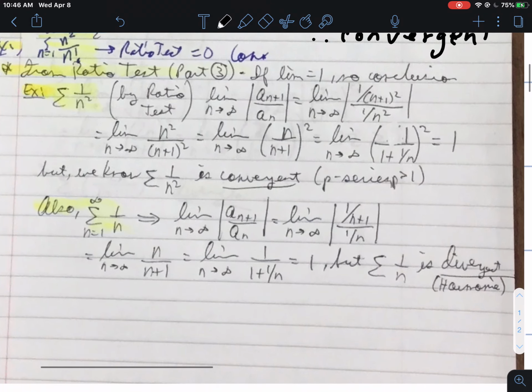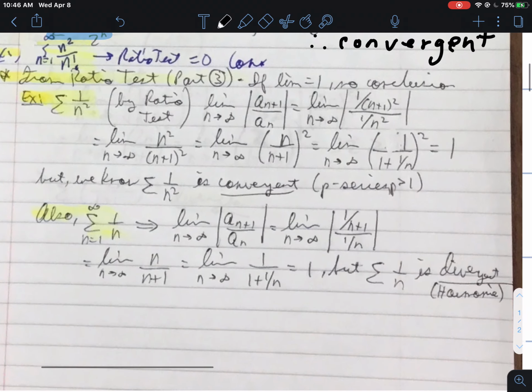Now that third case, just to show you: if the limit is equal to 1, it's inconclusive. Here's a quick example of why. This is part 3 of the ratio test. If we look at the sum of 1 over n squared, that's a convergent p-series, 1 over n to the p, where p equals 2. We already know that's convergent. But if we use the ratio test, let's test it for absolute convergence, which says I look at the limit as n approaches infinity of a sub n plus 1 over a sub n.